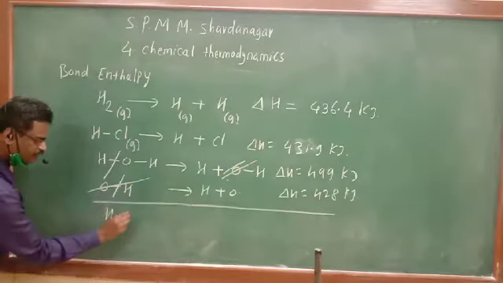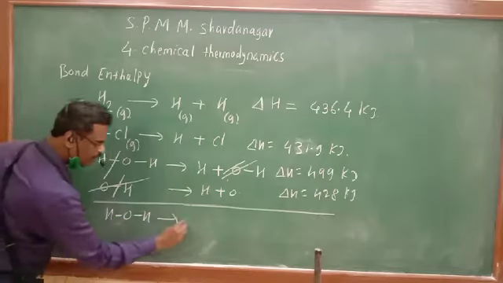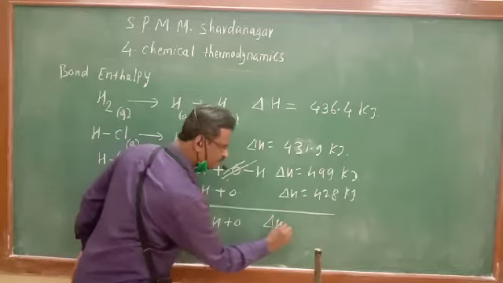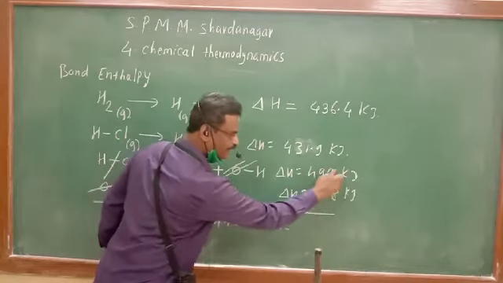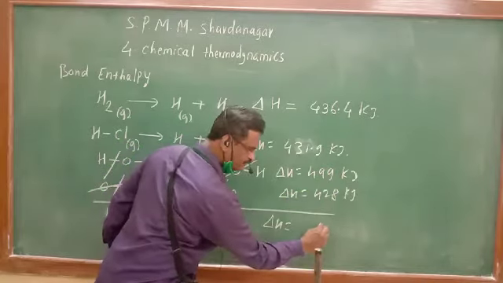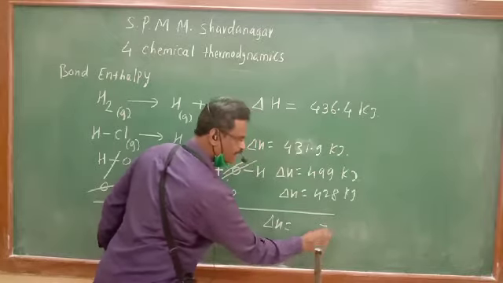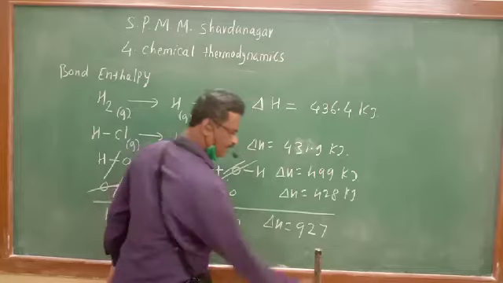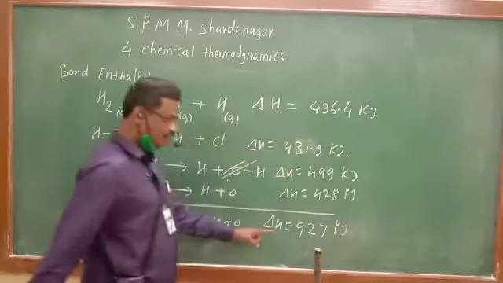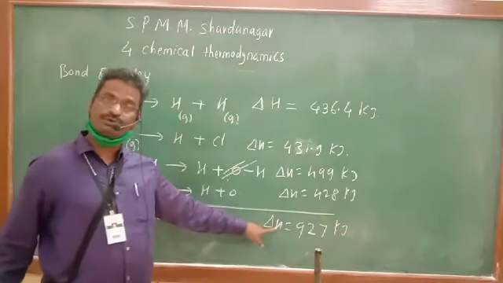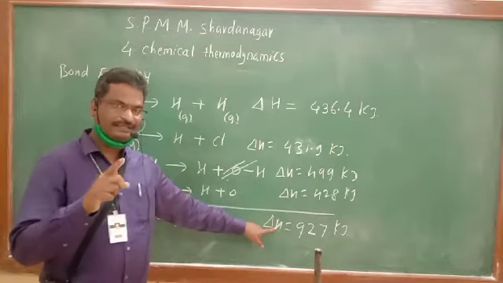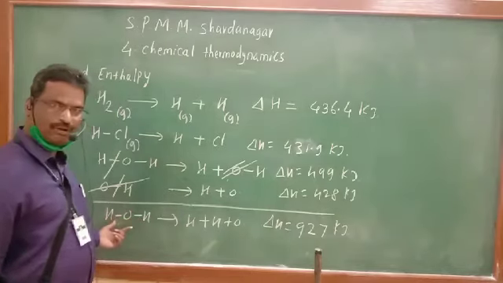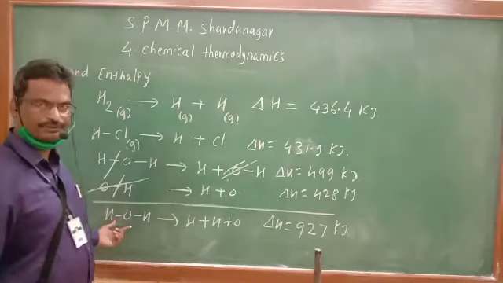So simply HOH will give 2H plus O, and delta H will be equal to 499 plus 428, that is 927 kilojoule of energy, required to break how many OH bonds? 2 OH bonds.